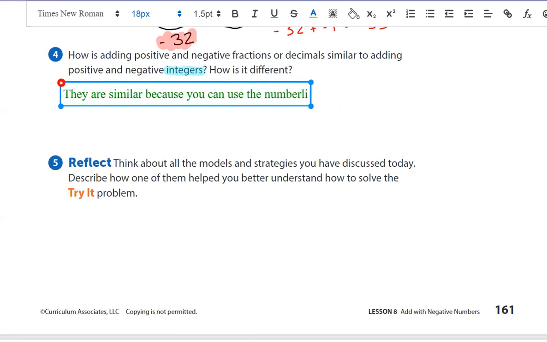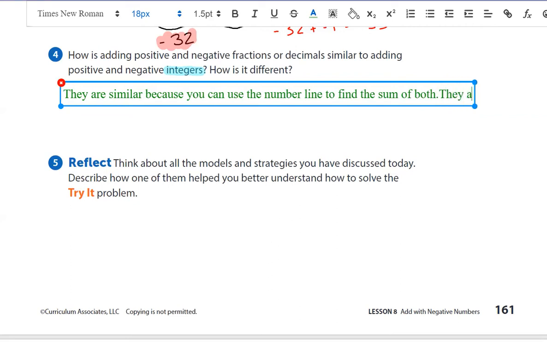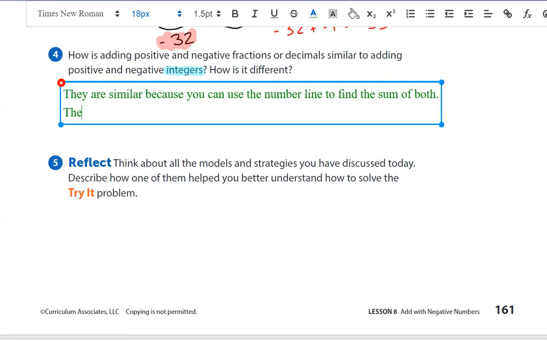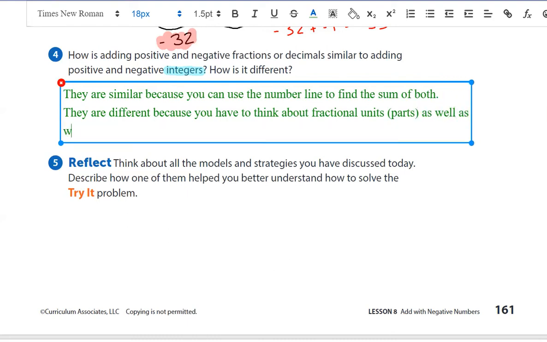I always forget number line is 2 words. To find the sum of both. They are different because you have to think about fractional units, which aka parts, fractions, decimals, not a whole number, as well as whole units.